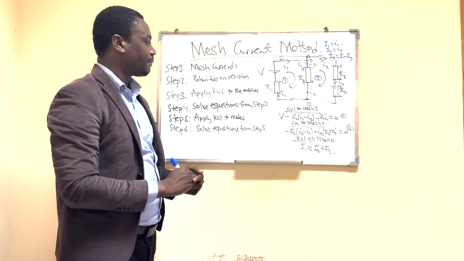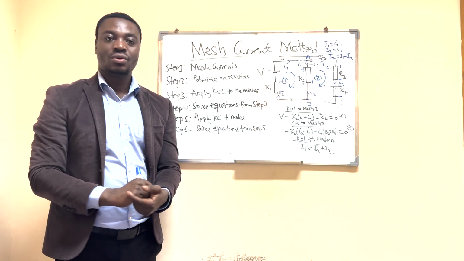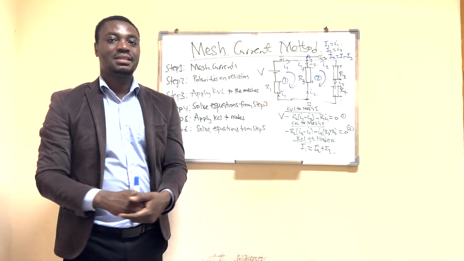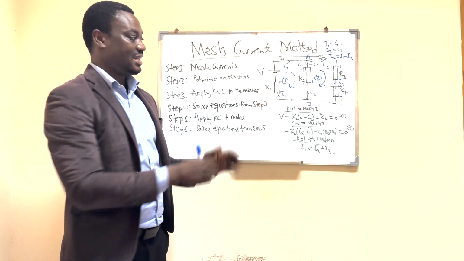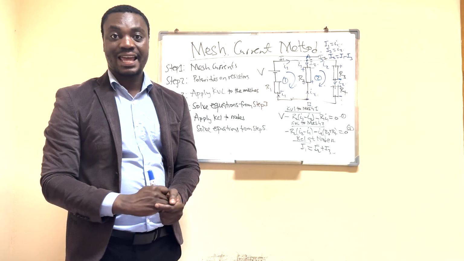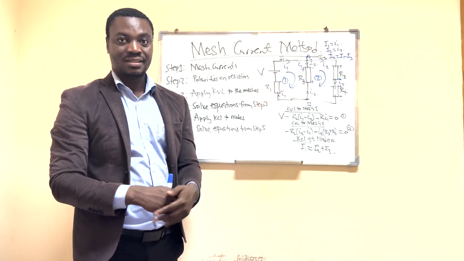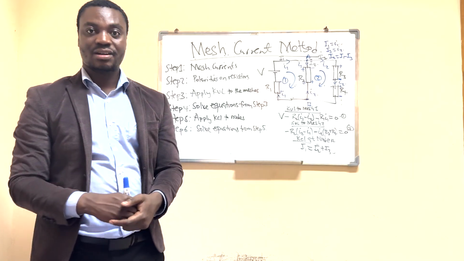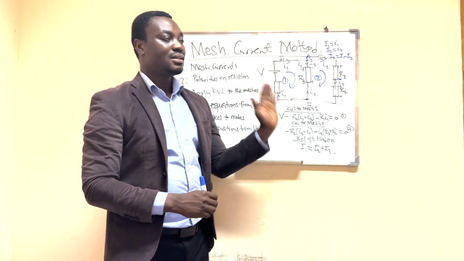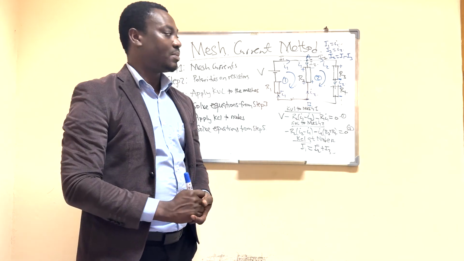After that, step 2: you indicate polarities on the resistors in the circuit diagram based on the direction of the current. So based on the direction of the mesh currents that we have indicated, I have to indicate the polarities.